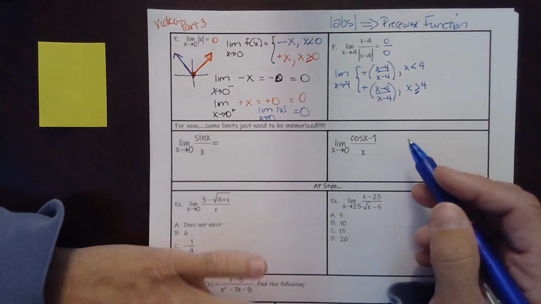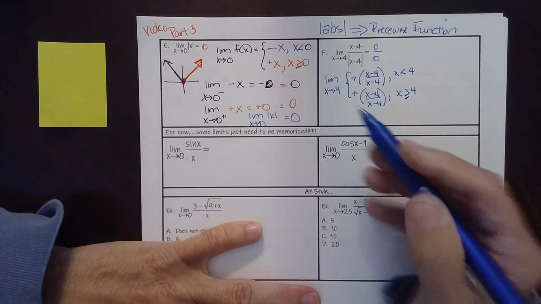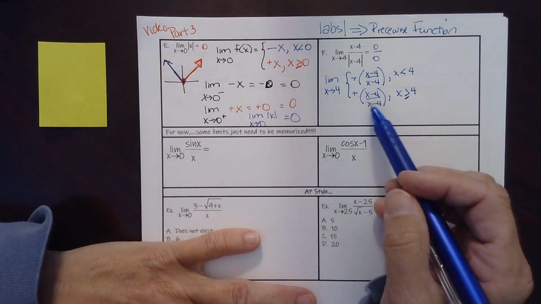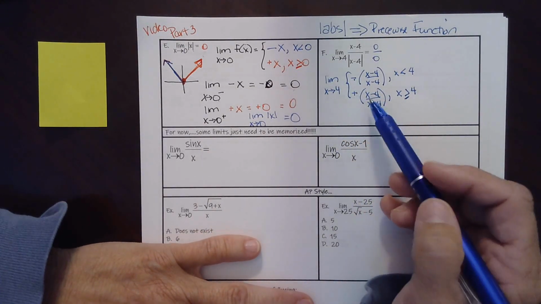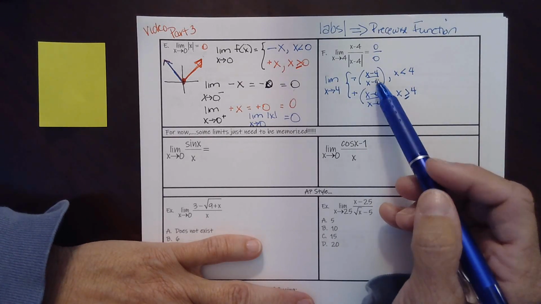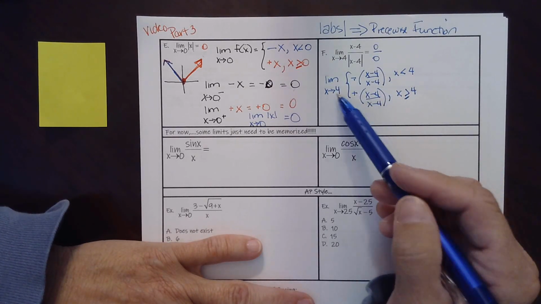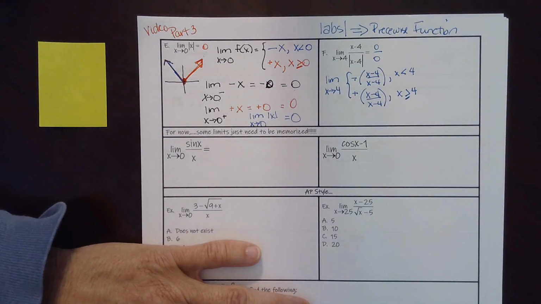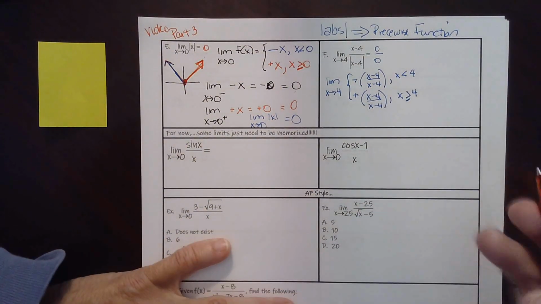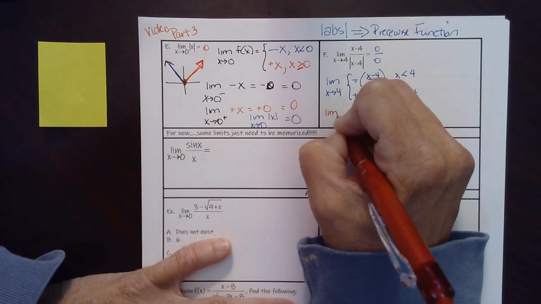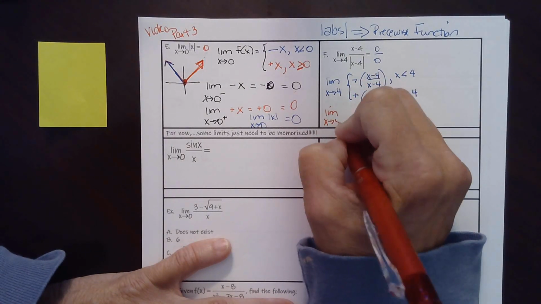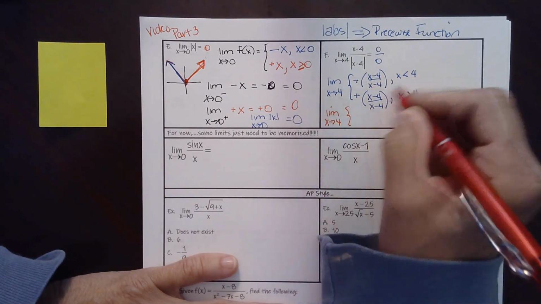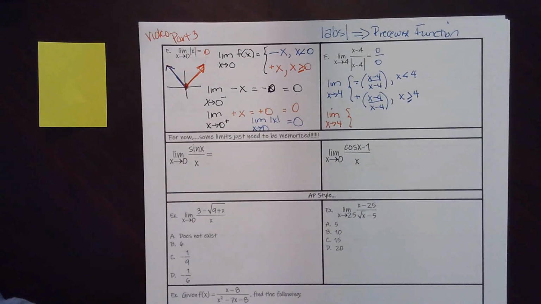So now to determine the limit, this is a piecewise function, so we have to find a left-hand limit and a right-hand limit. Well, here's the nice thing about this. This is going to be the limit as x approaches 4. This expression can be simplified.